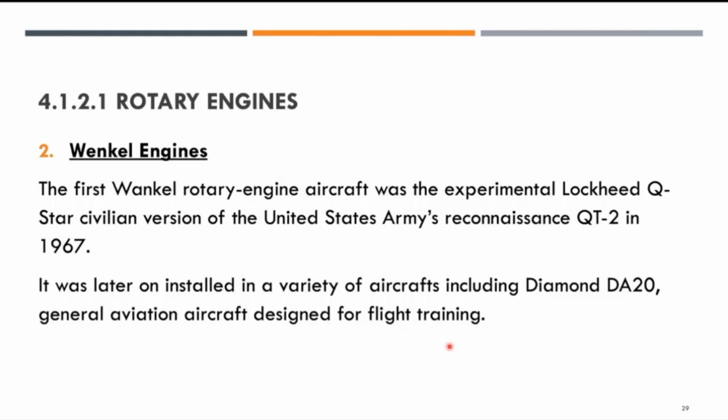The first Wankel rotary engine aircraft was the experimental Lockheed Q-Star, the civilian version of the United States Army Recon QT-2, in 1967. You may want to Google it on the internet to see how it looks. It was later installed in a variety of aircraft, including the Diamond DA-20, a general aviation aircraft designed for flight training.